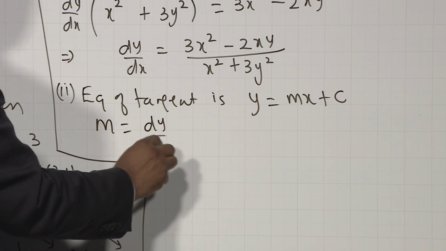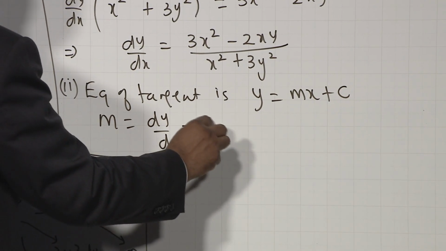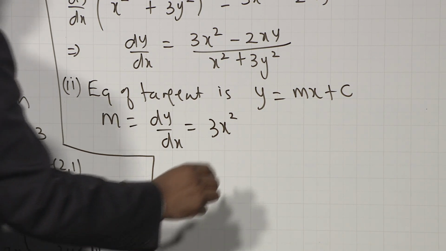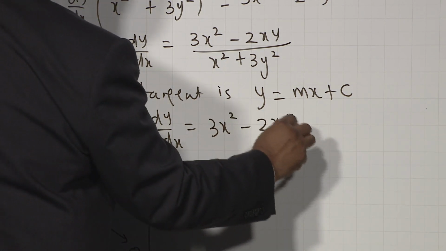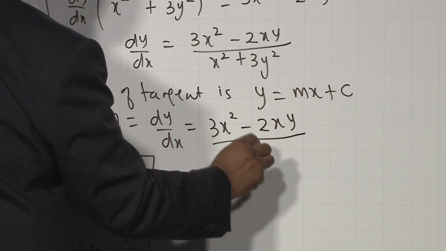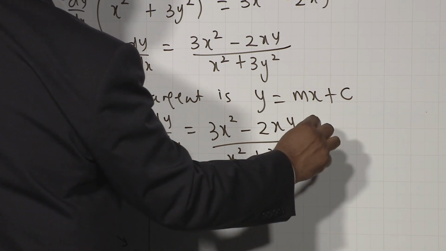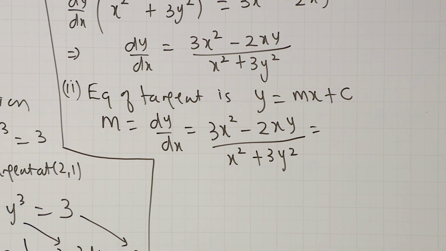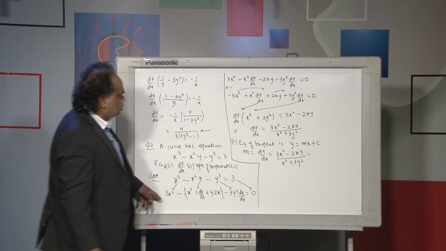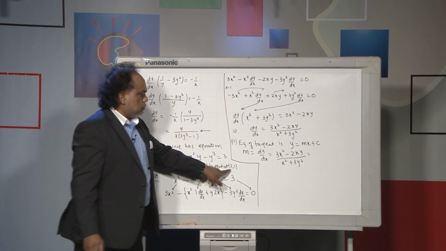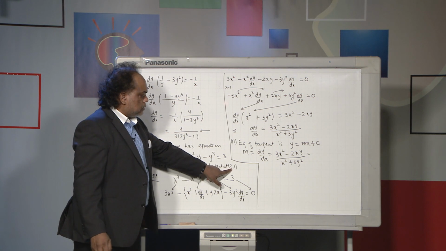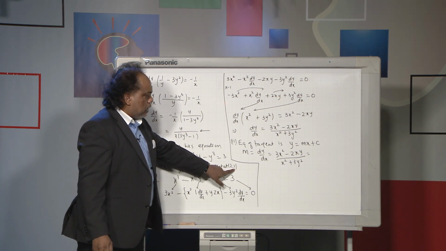M is equal to dy by dx, 3x squared minus 2xy over x squared plus 3y squared. We are told to find the equation of tangent at the point 2, 1. What does the point 2, 1 mean? I replace x by 2 and y by 1.